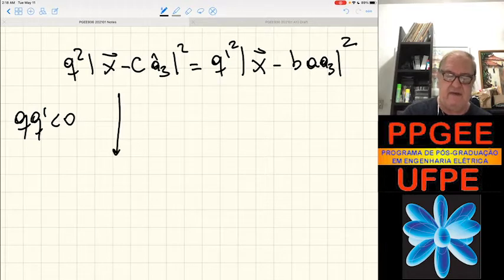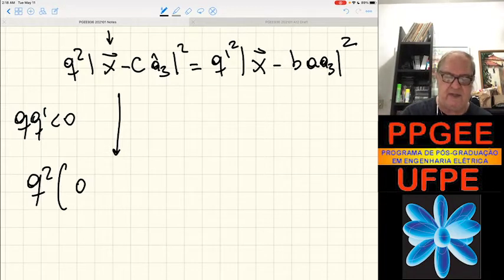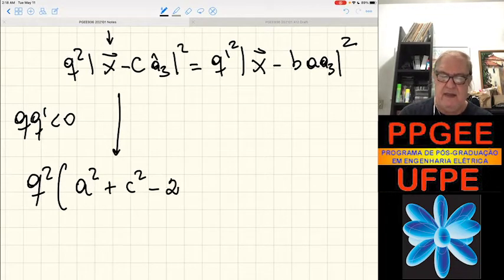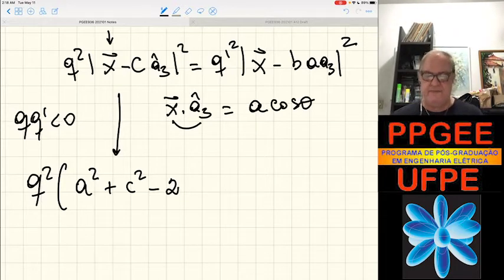Then we expand, right? So we're going to have Q square, then we're going to have magnitude of x equals to A, right? So it's going to be A square plus C square minus 2 x dot AZ, which is the magnitude of x, magnitude of AZ, cosine of the angle, which is theta, the polar angle.